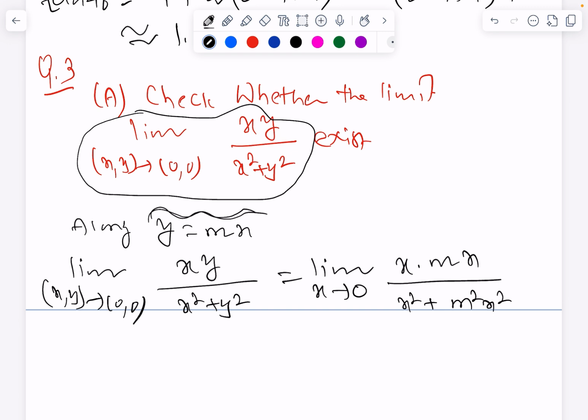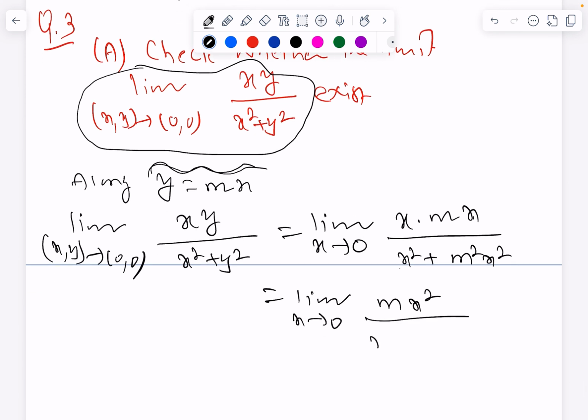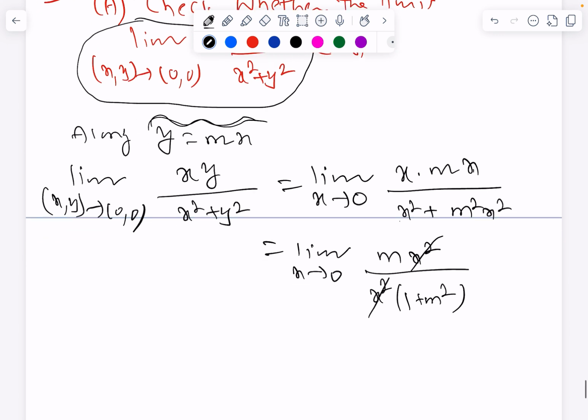And here we can see that this x square will be getting cancelled. And so we have m over 1 plus m square.